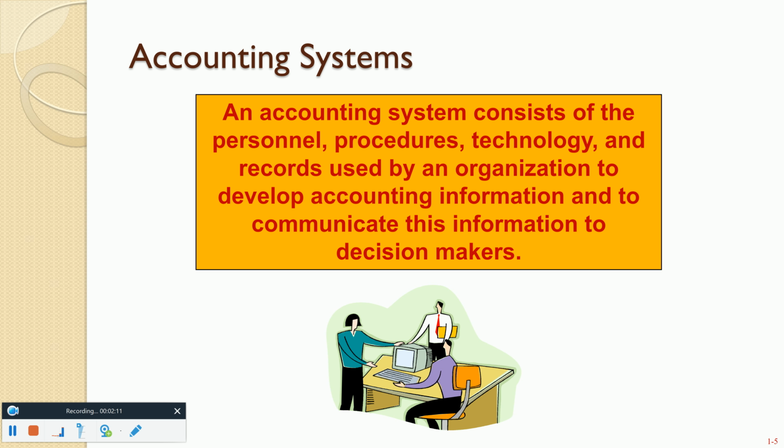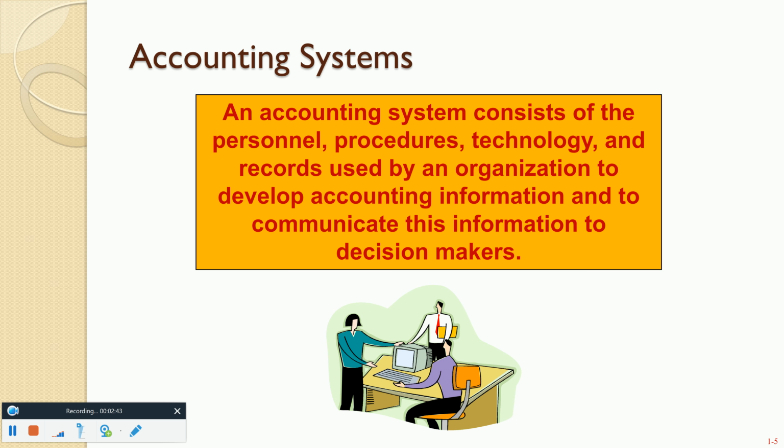In today's day and age, everything is computerized, so every company will set up an accounting system. The accounting system includes not only the computerized books and the automated books and records, but everything that stems from it: personnel records, procedural records, basically anything associated with the finances of an organization.